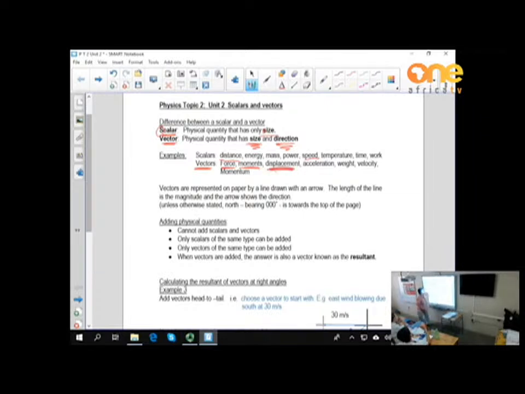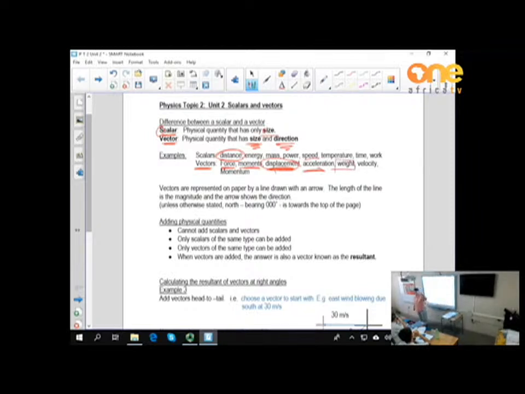Displacement. Now, displacement and distance are connected. Distance has just got quantity, size. Displacement has got a size as well as a direction. Acceleration, we'll be looking at that. You've done weight. Where does weight go? I've been telling you from grade 8.